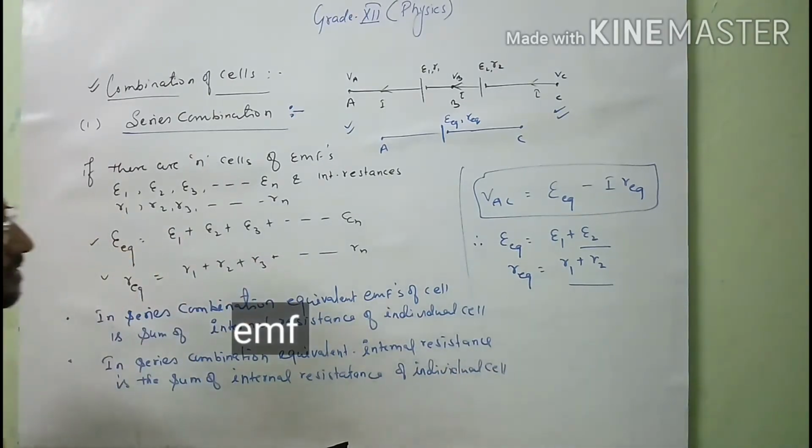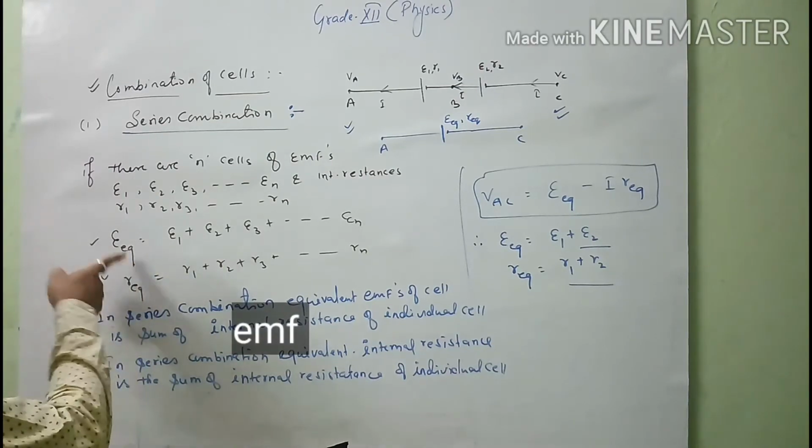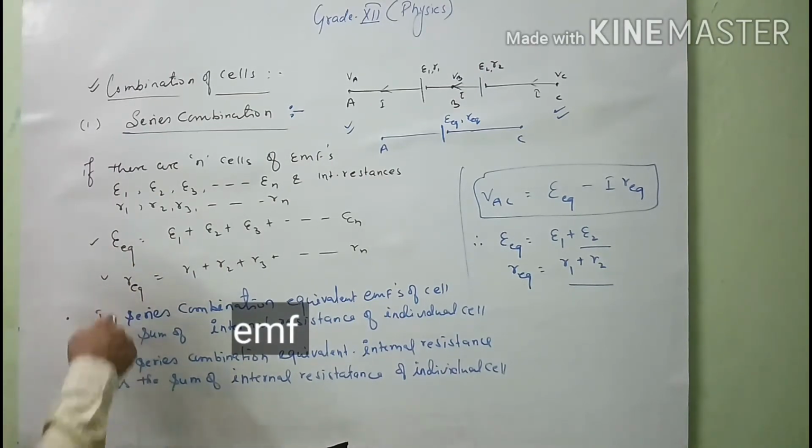Point is clear, student? So these are the two key points by which we can write what is the value of E equivalent, what is the value of R equivalent in series combination form.